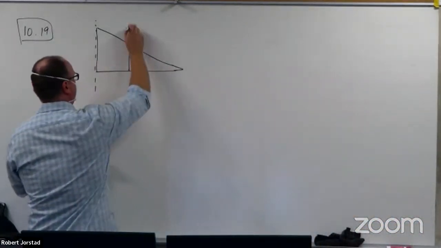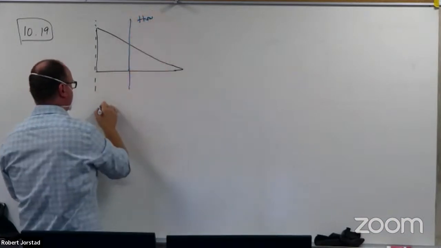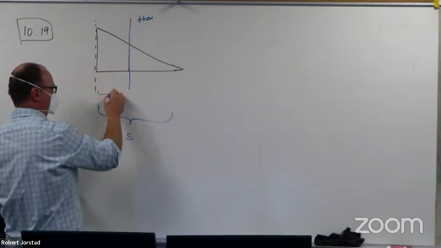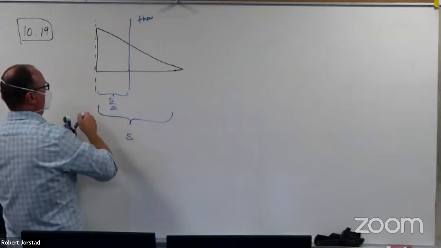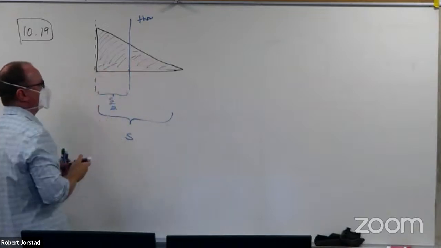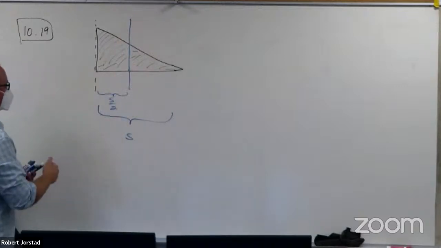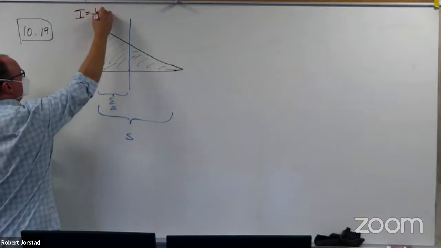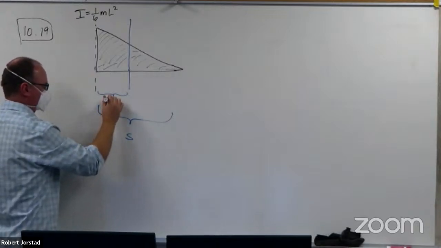It gets the center of the triangle here. So let's say this side is S, and this is S over 2, if that helps. So you have the solid line axis and the dotted line axis. We know this one has I equals 1/6 m L squared. So I guess this side was L, not S. I apologize.